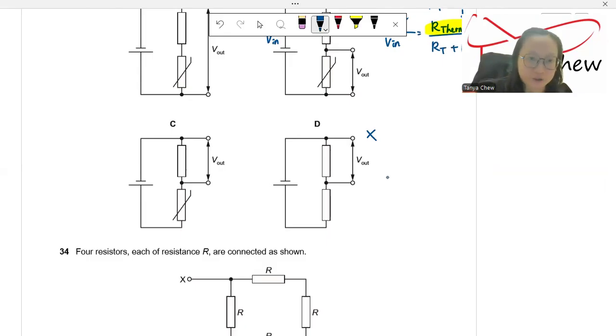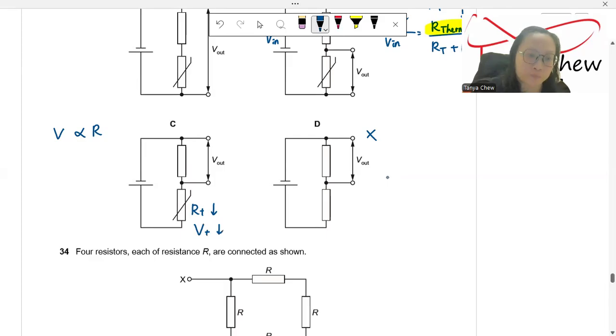This is the R thermistor. When the temperature is increasing, the resistance of the thermistor is decreasing. And by Ohm's law, potential difference is directly proportional to the resistance. Since the resistance of the thermistor is decreasing, the potential difference across the thermistor is also decreasing.